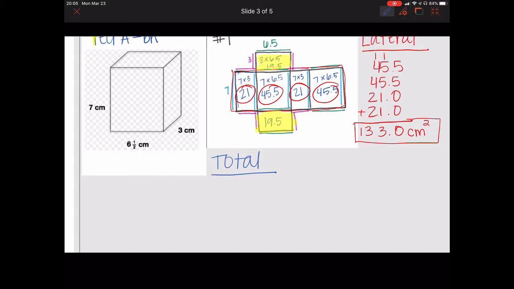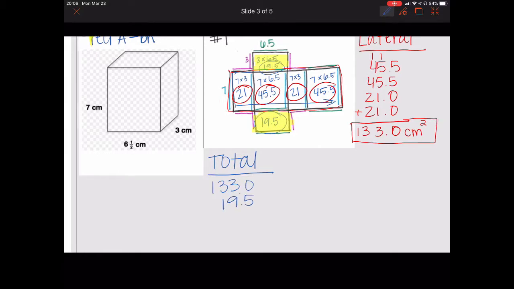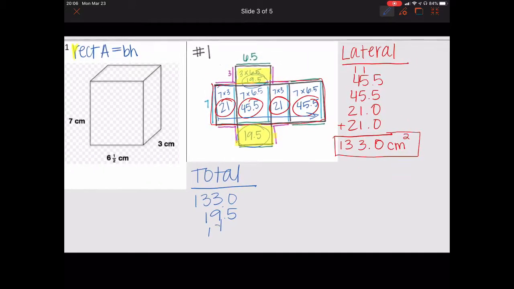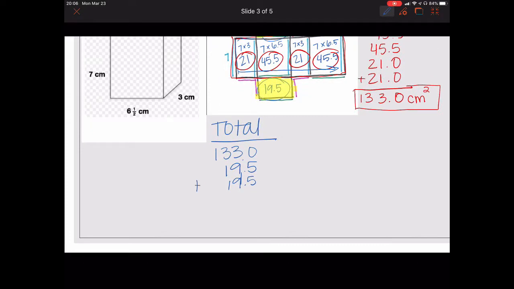So now that we know this inside section, all of these sides here, we're going to go ahead and add in our 19.5s to that. So you can take the 133, which is why I said do lateral first, and add both 19.5s to it. So we're going to add that up here.